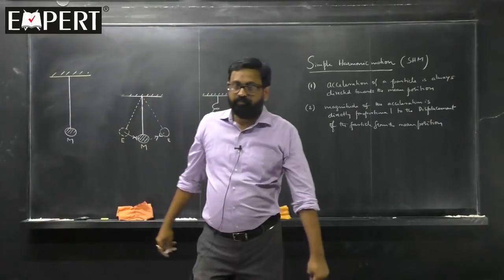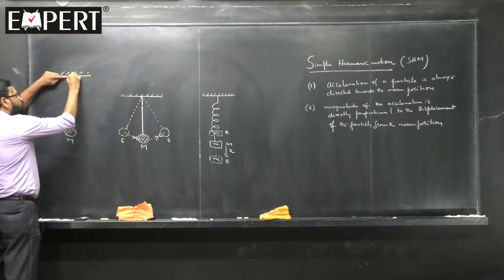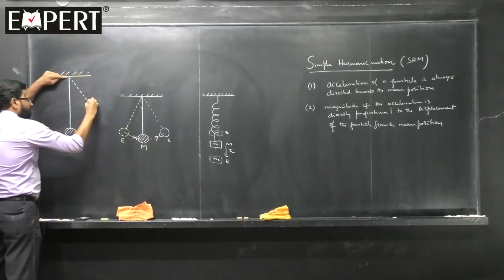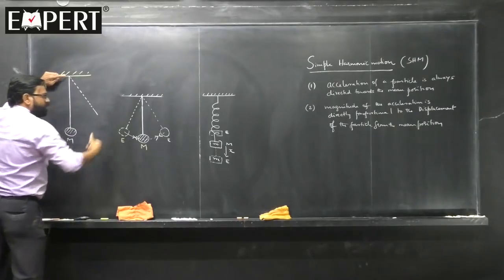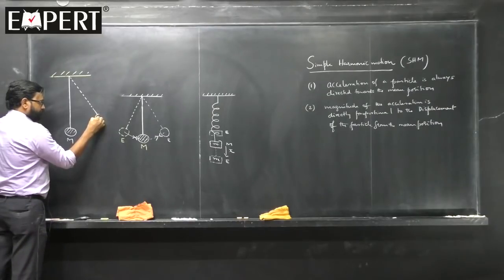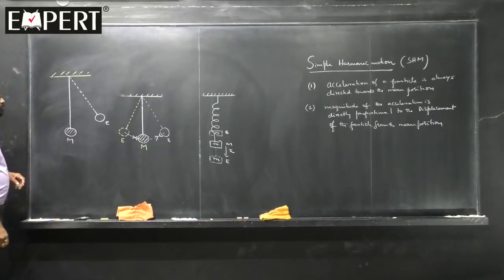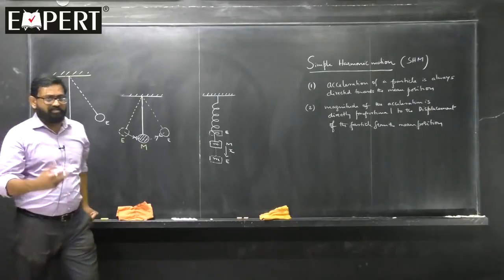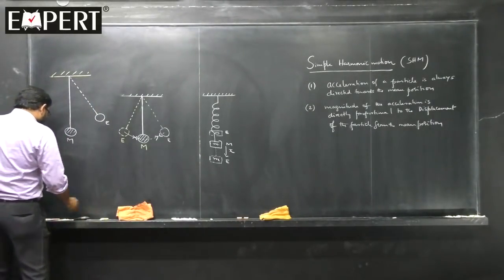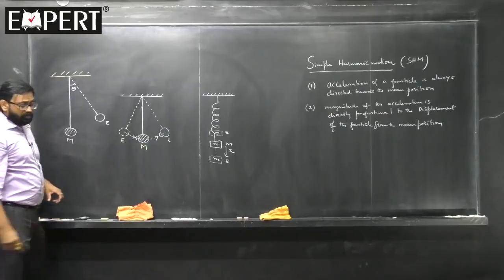To give an oscillation, you take the bob to one extreme position, slightly away from the original position. When you have taken the bob slightly away from the mean position to one side, can you see the new position of the thread makes some angle theta with the vertical, or with the original position?